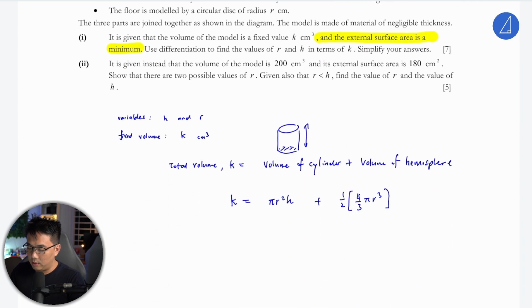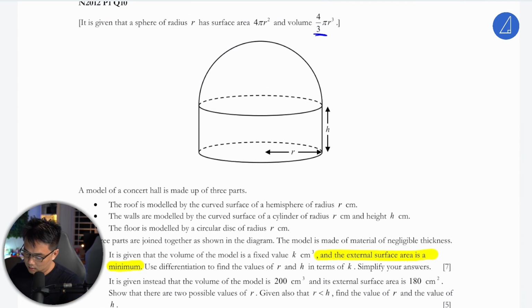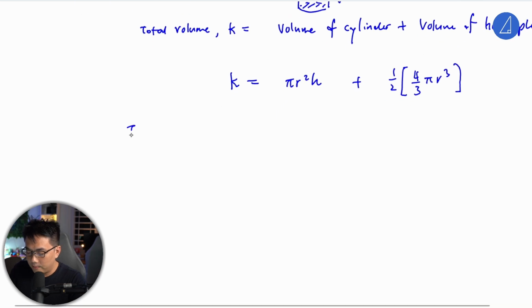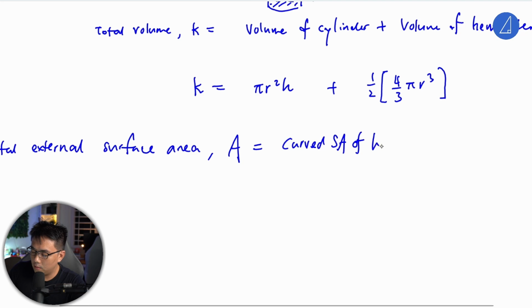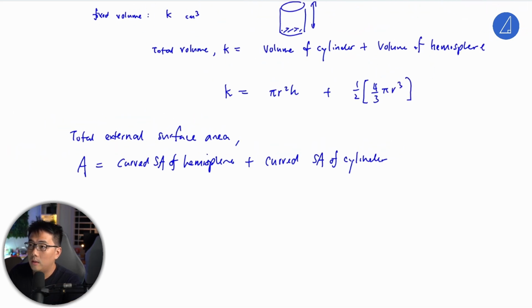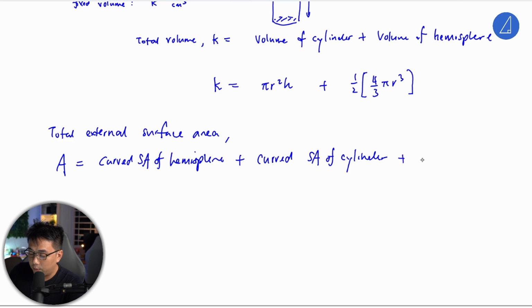So in this case, the total external surface area will be the curved surface area of the hemisphere, adding the curved surface area of the cylinder and after which the base area of the circle, the floor.